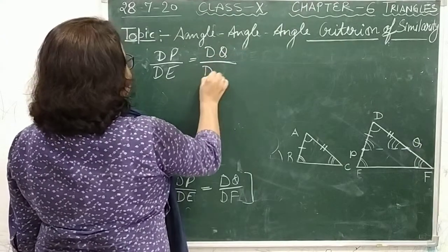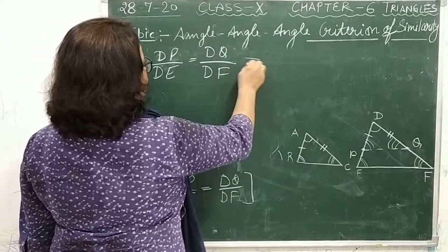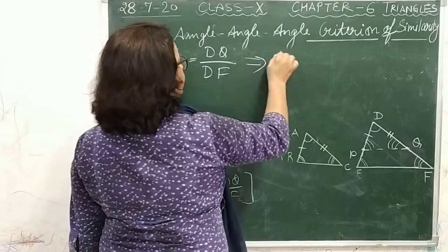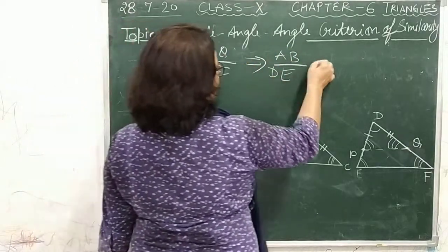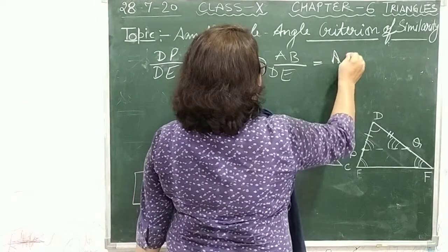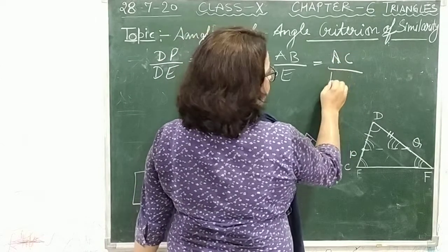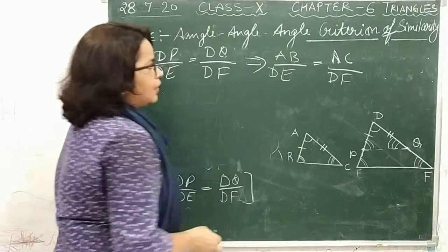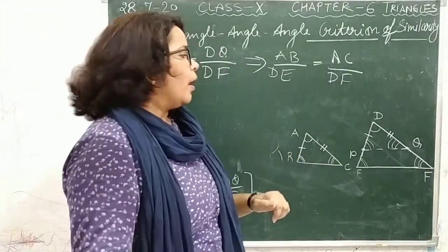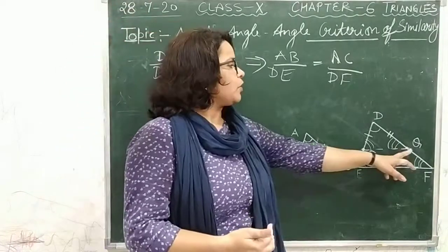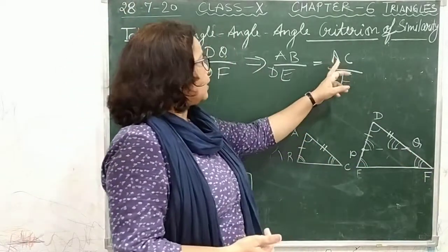You know, in the construction, DP was equal to AB and DQ was equal to AC. So we got that the ratio of the two sides is the same. Because I chose the point Q on this, I am taking these two sides.